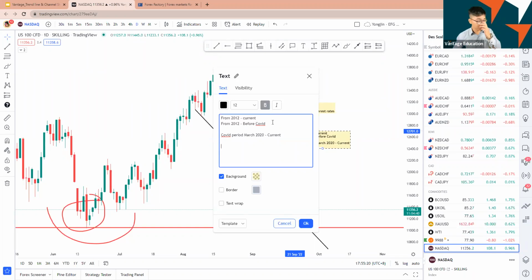All this data is sorted out in charts individually on Google Sheets. So we have the Russia-Ukraine war, Feb 2022 to current. You can sort it out, check the prices, and compare it to 2012 to before COVID. Compare these few things up. You can get a rough gauge on the overall market condition.